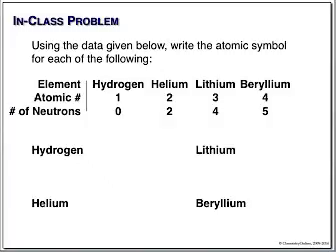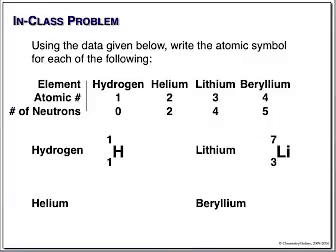All right, hydrogen. Hydrogen, the symbol is H. We have one proton, we have no neutrons. Therefore, our mass number and our atomic number are both 1. Lithium. Lithium has 3 protons in its nucleus. This has 4 neutrons. Therefore, the mass number is 7.